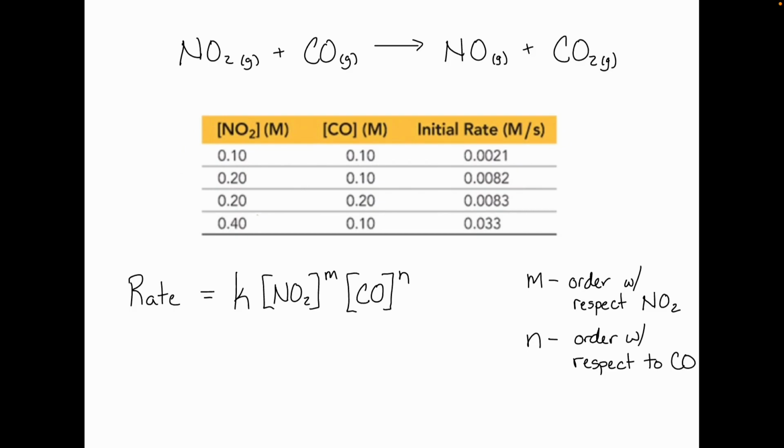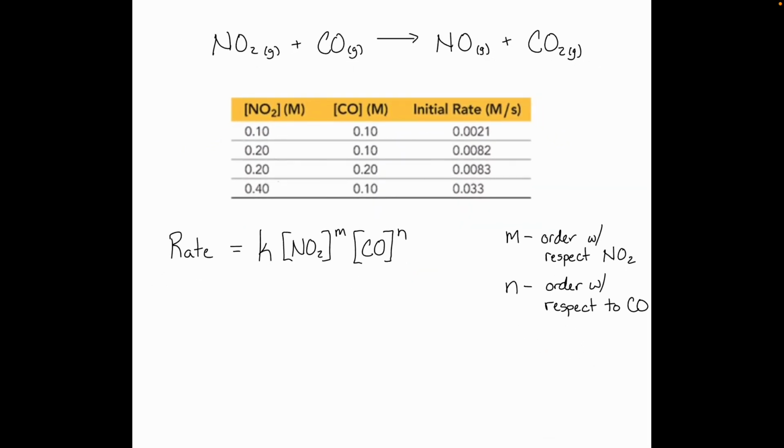Because I'm raising the carbon monoxide concentration to the power of N. And my overall order is equal to the sum of M plus N. So sum up all those exponents and you get what's called the overall order of your rate equation. Cool?